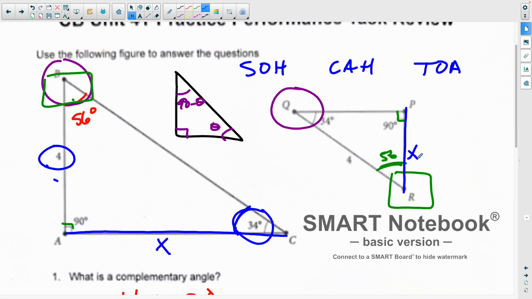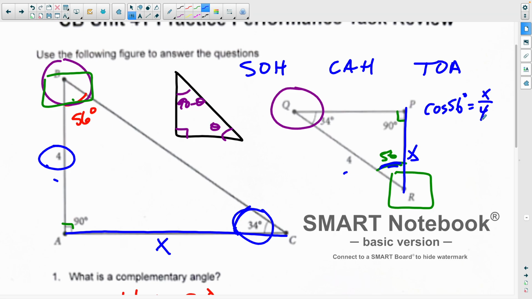If I'm using adjacent and hypotenuse, then which angle are you going from the perspective of? 90 minus 34, 56. Yeah, you're talking about 56, right? So she said if I'm using 56, then that's going to be on my adjacent side of my hypotenuse, which would be what? Cosine. So I could do cosine of 56 equals adjacent over hypotenuse.